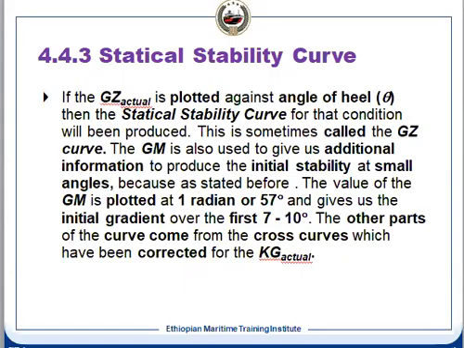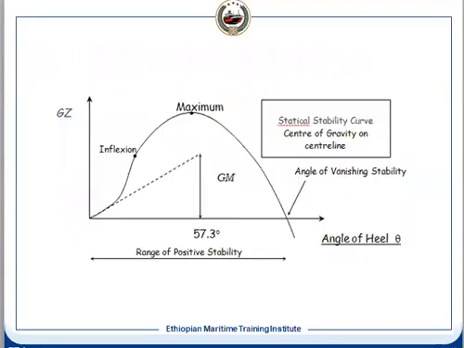Now there is another stability curve besides the statical stability curve, that is the dynamical stability curve. What is the statical stability curve? GZ is plotted against the angle of heel. It means on the horizontal axis we have the angle of heel, and this is GZ.